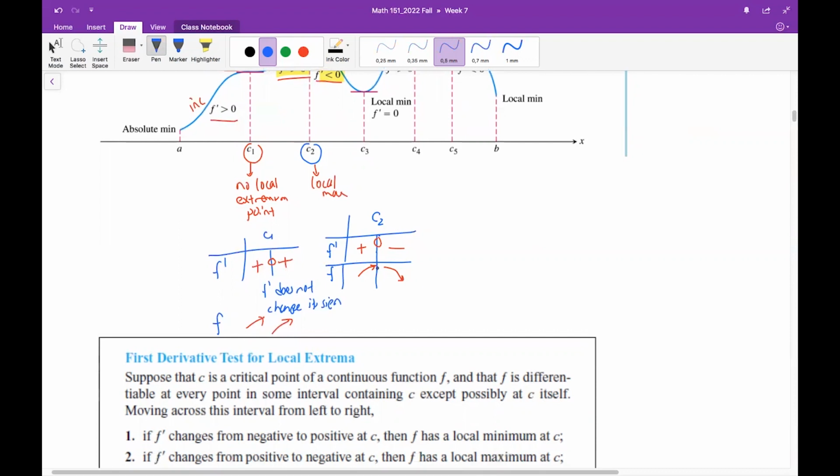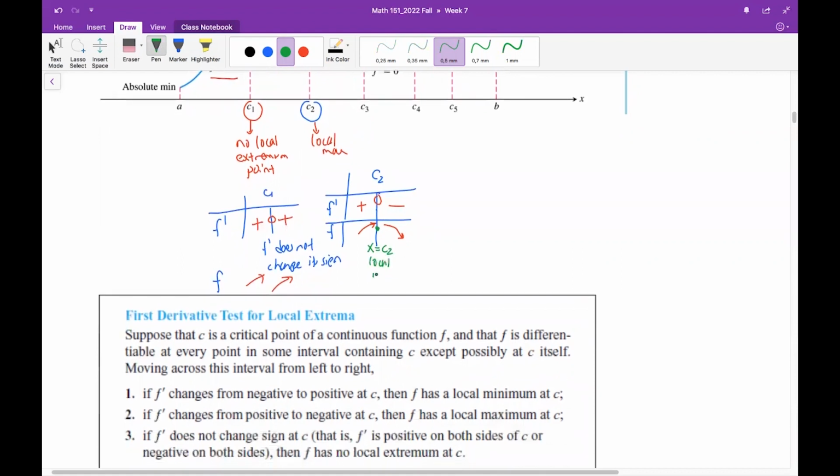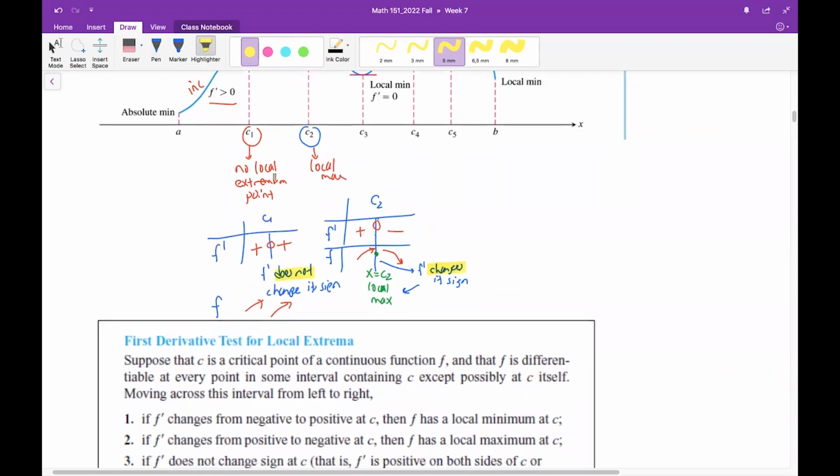Increasing and decreasing, meaning that there has to be a turning kind of point at C2. So x equals C2 is a local maximum point, right? So to have local max or local min, first derivative should change its sign, okay? This is the important thing here. First derivative changes its sign. That's why you have a local max or min. But here, in the previous case, it does not change. That's why no local extremum points there.